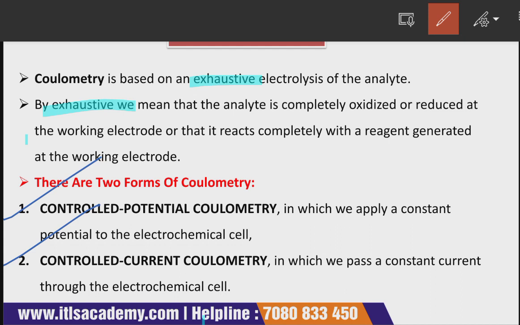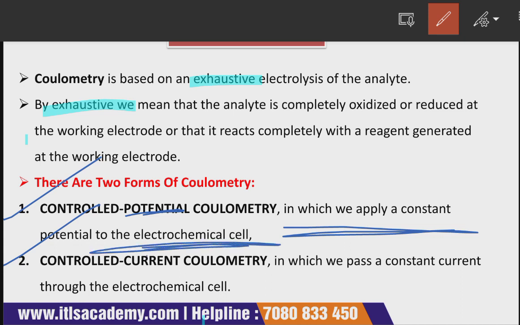Let us understand the first one, CPC, controlled potential colorimetry. It is a type of colorimetry in which we apply a constant potential to the electrochemical cell, as the name suggests.